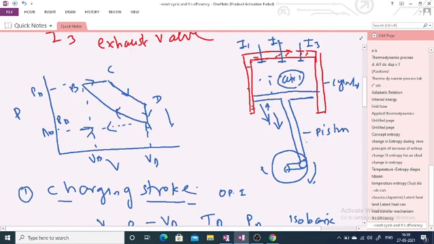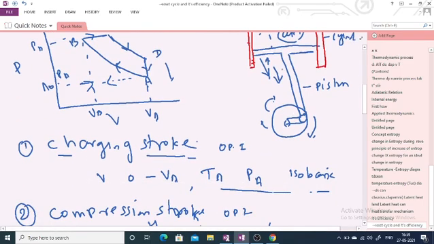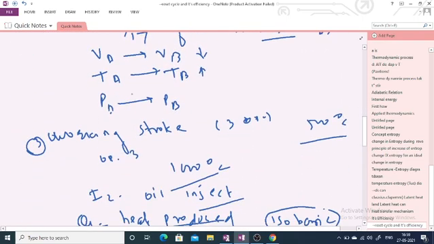So valve I3 is open, and the unburnt material is taken outside the cylinder. If the volume is reduced from VA to 0, it comes to its original state, and you have completed one cycle.